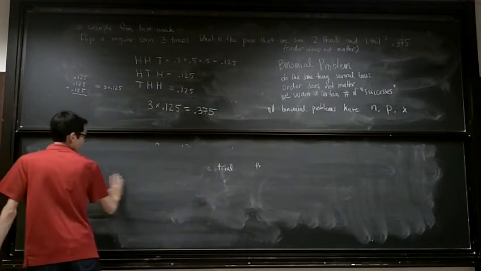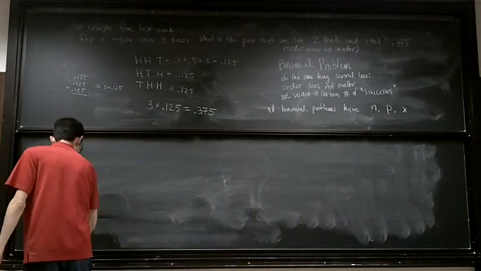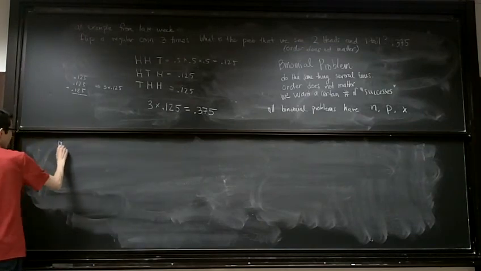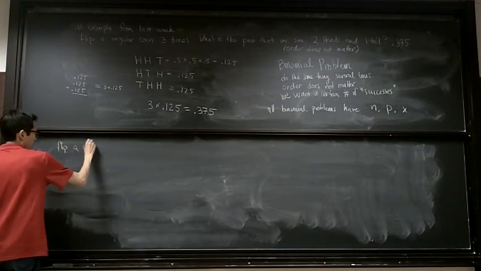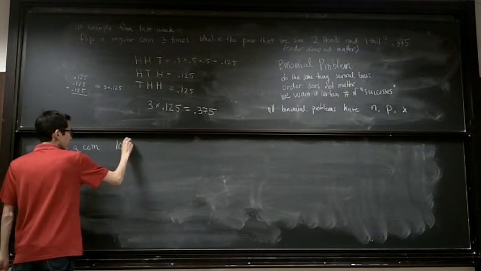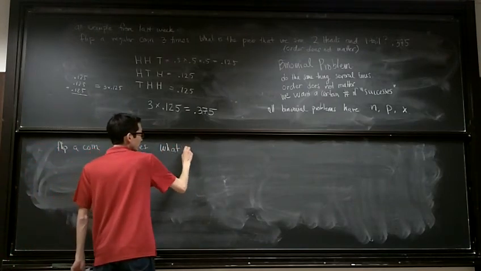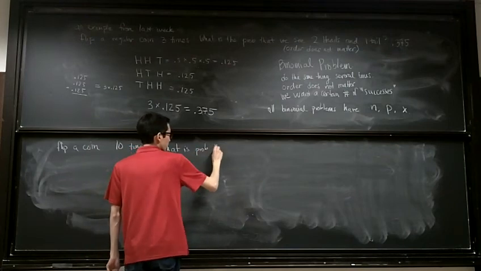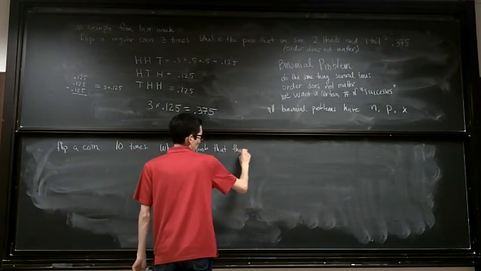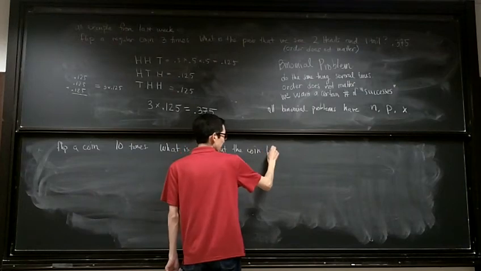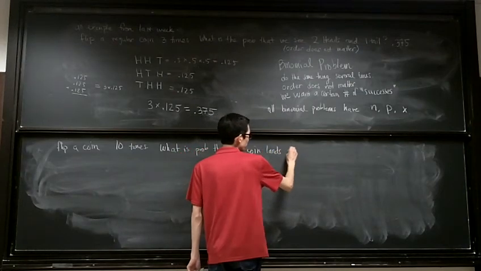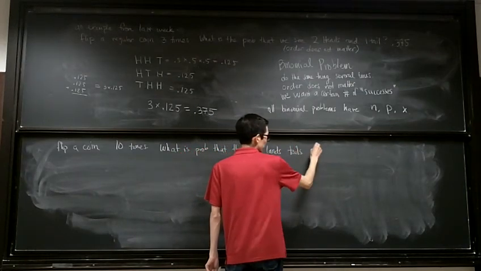Alright, so let's try this. We flip a coin 10 times. What is the probability that the coin lands tails 6 times?